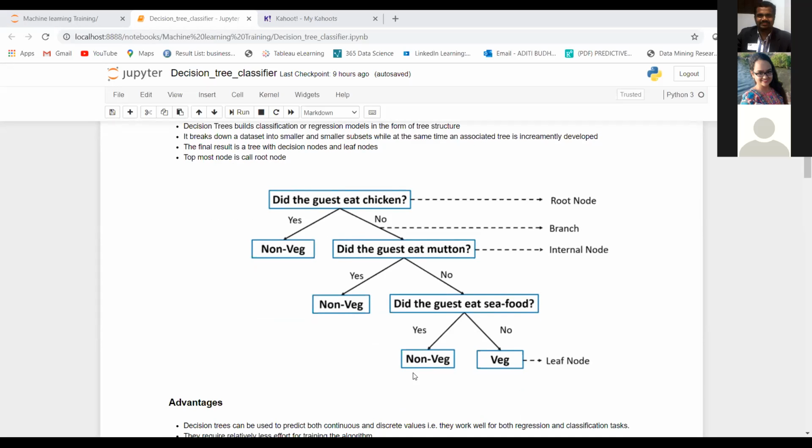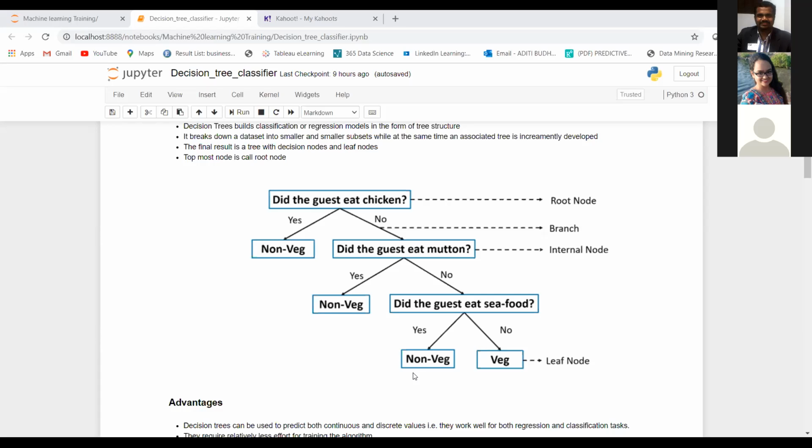This is the problem statement. So you want to know how many people who attended your party were vegetarian and how many were non-vegetarian, right? And now you will see that this is a problem of classification, where you have to classify your guests as whether they are vegetarian or non-vegetarian.